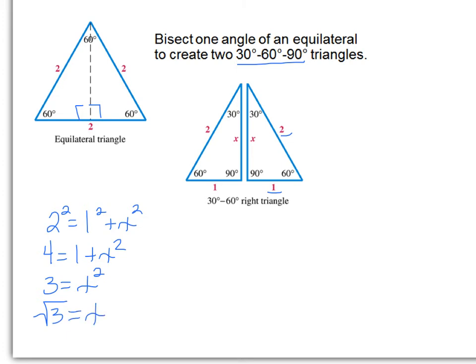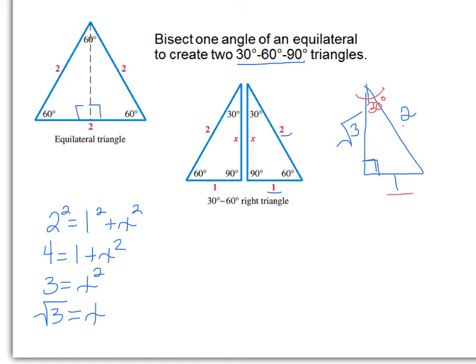What we have done is we have now assigned a ratio to this triangle. Please notice the smallest angle is 30 degrees. The smallest side is opposite the smallest angle.